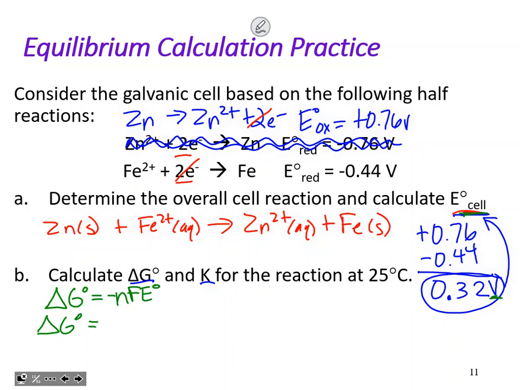How many moles of electrons are being transferred for this reaction? What's our n value? How many moles of electrons? Up here are the moles of electrons being transferred in our reaction between the zinc and the iron.